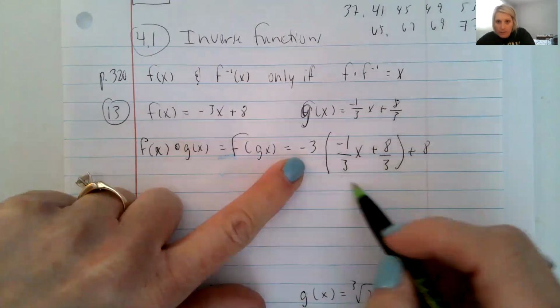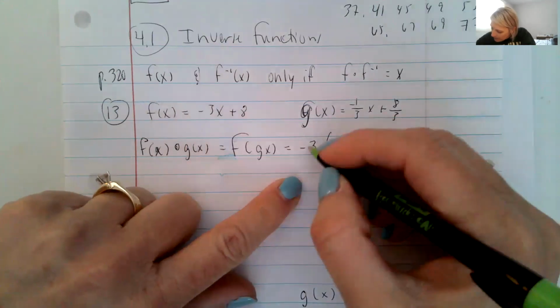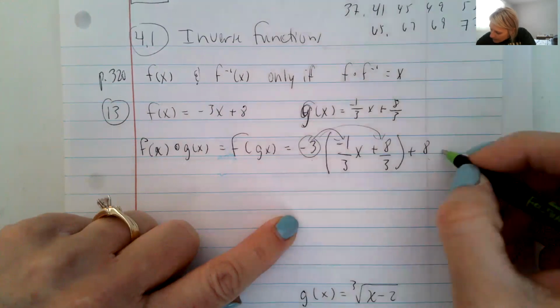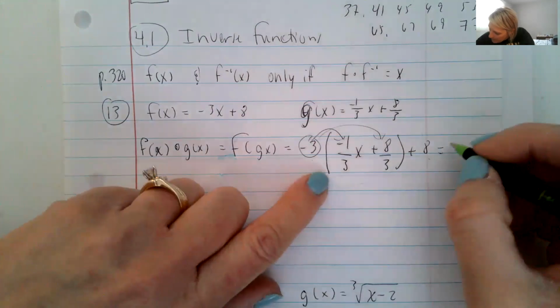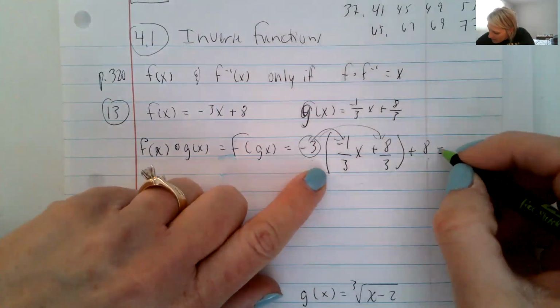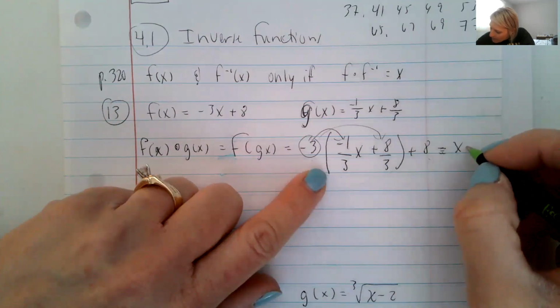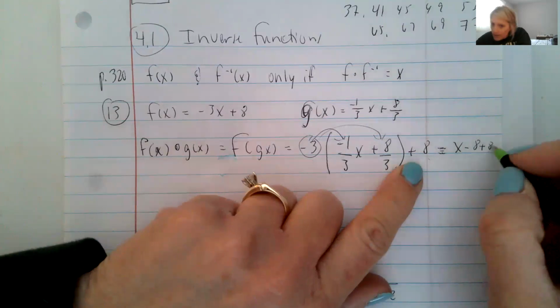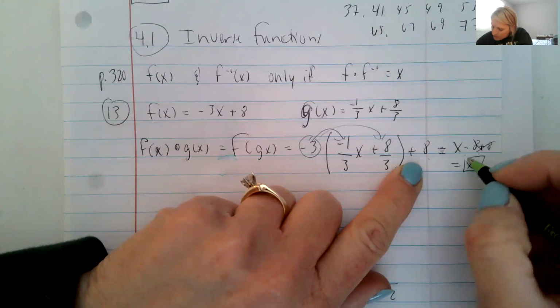So negative 3 times something plus 8 is my f function. And so when I simplify, that means I'm going to distribute this negative 3 to each of these pieces. We get a positive x minus 8 plus 8 at the end here. And so that negative 8 and the positive 8 cancel, and we're left with x.